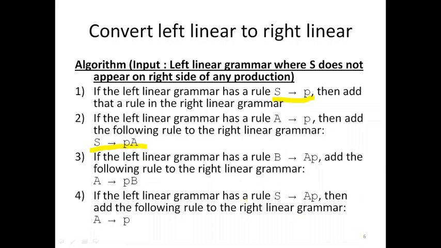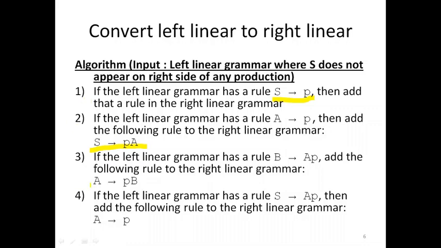Now, if you have rules of the form capital B giving capital A P, where B is not a start symbol, what you do is you add productions of the form capital A giving P capital B to the grammar in right linear form.